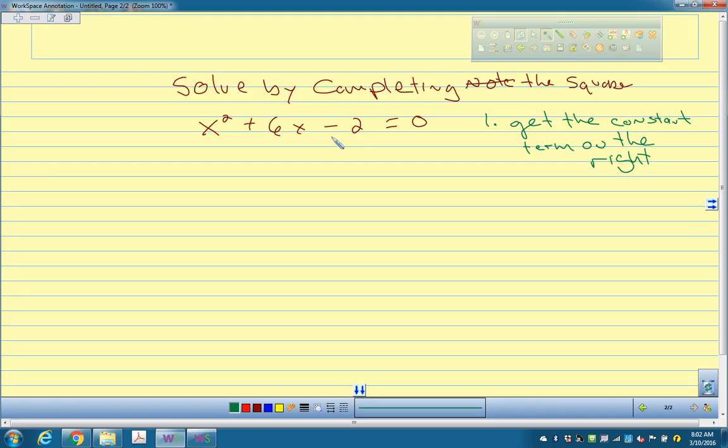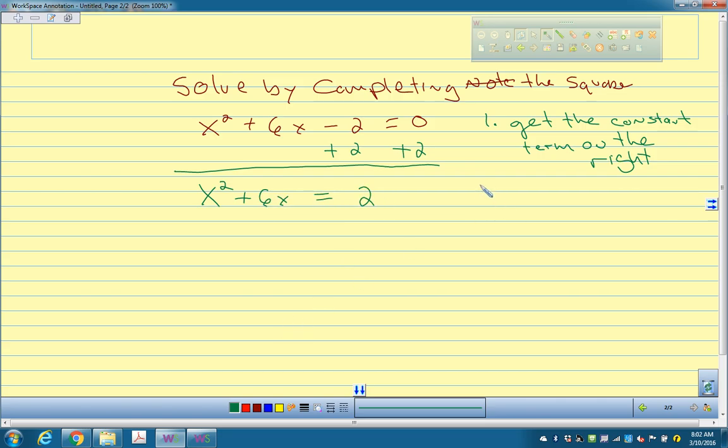The constant term is this -2. So first thing I want to do is bring the 2 over to the right side, okay? So that gives me x squared plus 6x equals 2.